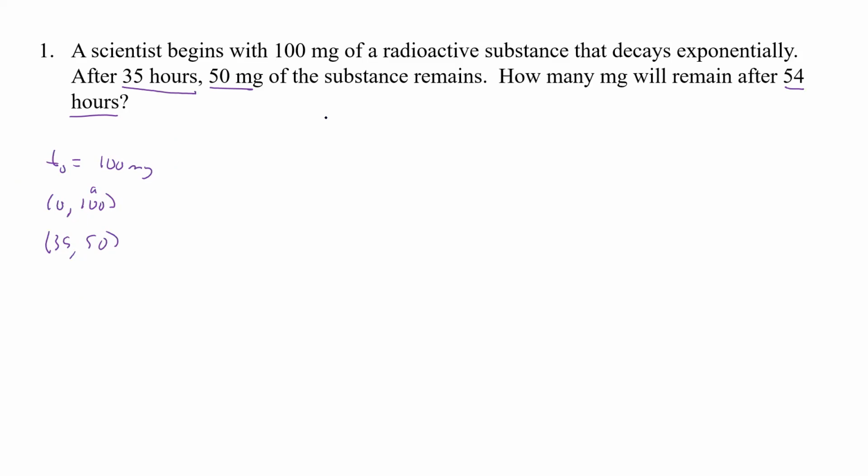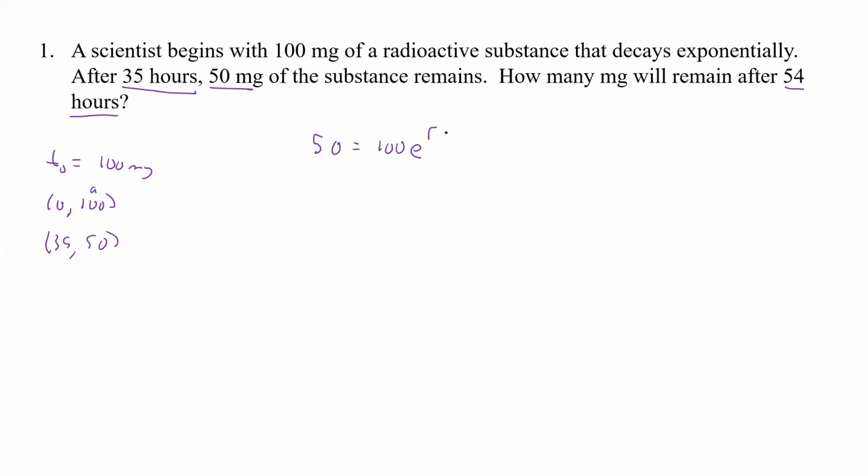Because now we have, instead of a B, this going to be decaying in a certain way. So let's write this out. So we're going to have 50, that's our y, equals A, which is 100, and it's exponential with the e to the power, and now this is going to be r.